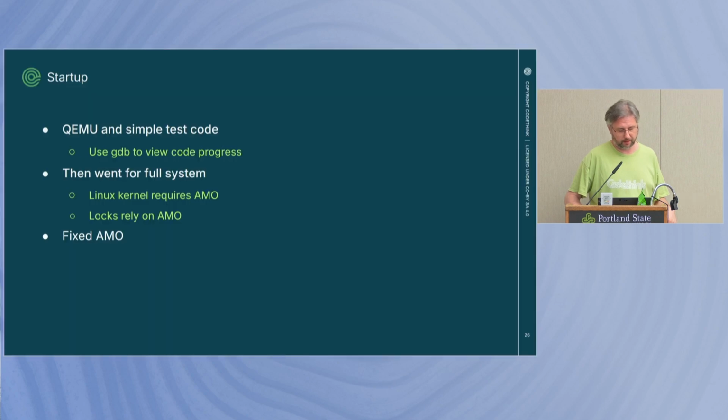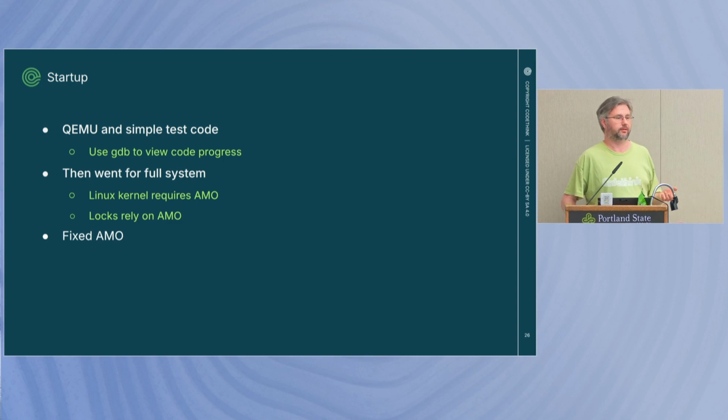So a little bit about how we went through some of the debugging and testing. We said we were using QEMU. We did a little bit of example code using GDB into QEMU to see how the code was progressing. We quickly decided let's go for a full kernel boot.